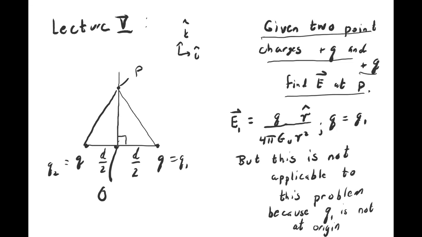So I'm going to revisit this problem, and I'm going to do this with the general form that we just discussed for calculating electric field, where the origin and the position of a charge are two different things. So a charge is not necessarily at the origin. I'll get the result that we got, and then I'll come back and show you that, in fact, if we go back and look at what we actually did, even though we used an expression which technically is not right, we made another assumption that got us back on track.